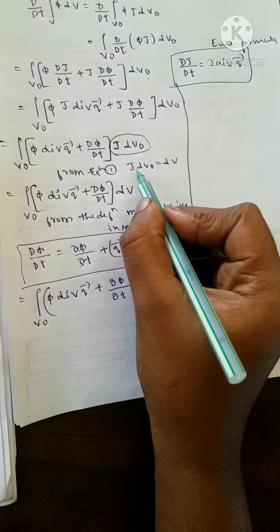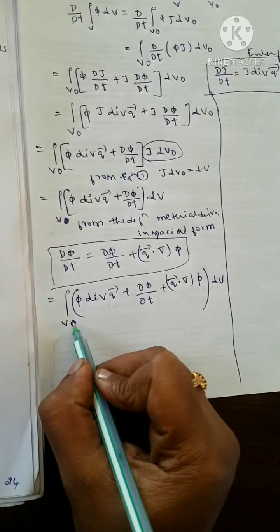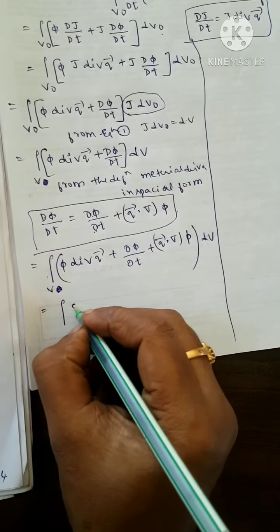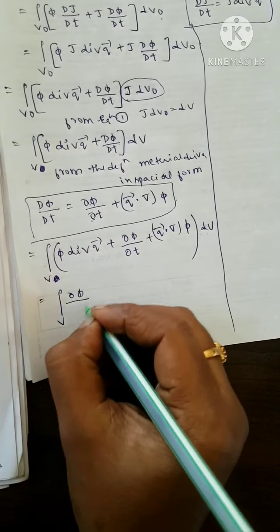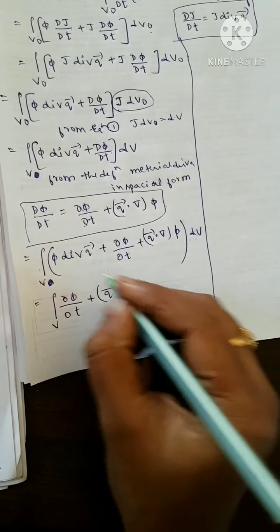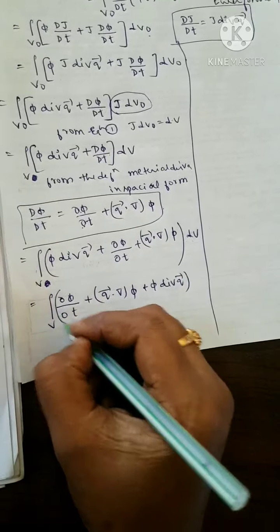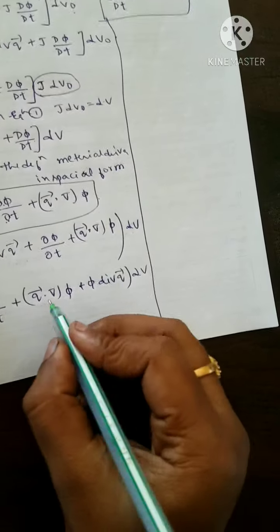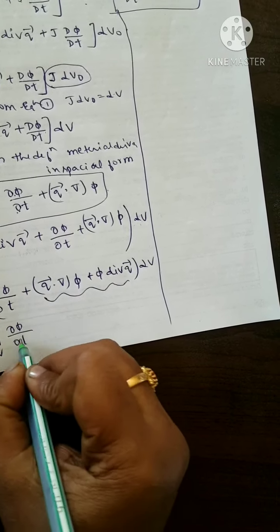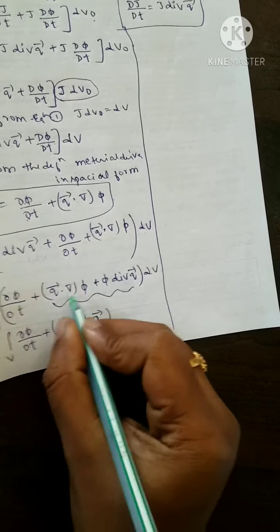When converting dV0 into dV, the integral also converts from V0 to V. Now I can rearrange this: dou pi by dou t plus q dot del pi, and I will write the terms together. I can write these two terms as dou pi by dou t plus del dot pi q.